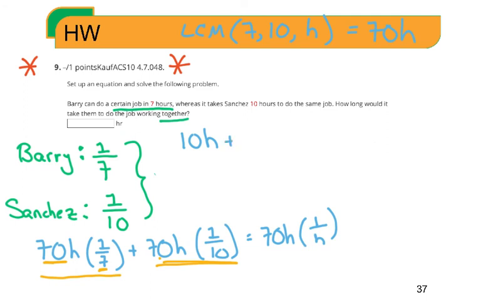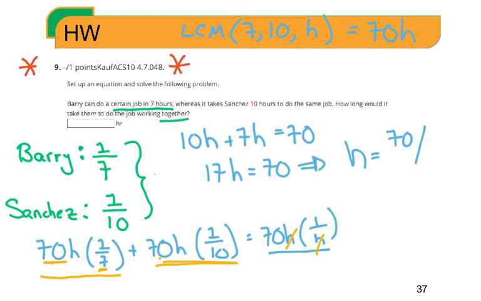That gives me 7H. And over here, what happens? The H's cancel. 70H divided by H equals 70. So 17H equals 70.